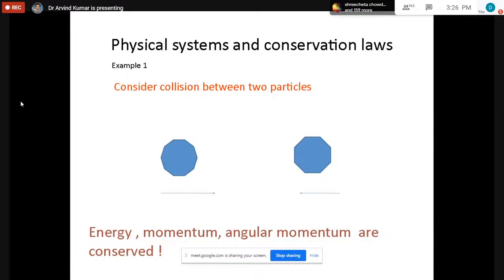How do you test the standard model? Now, in general, what happens in physical systems is that, say, for example, when you do your elementary first year BSc or high school physics, you learn about collisions of two particles. And you learn to do it in two different ways. One is to look at Newton's laws, and the other one is to look at the conservation things in this collision process.